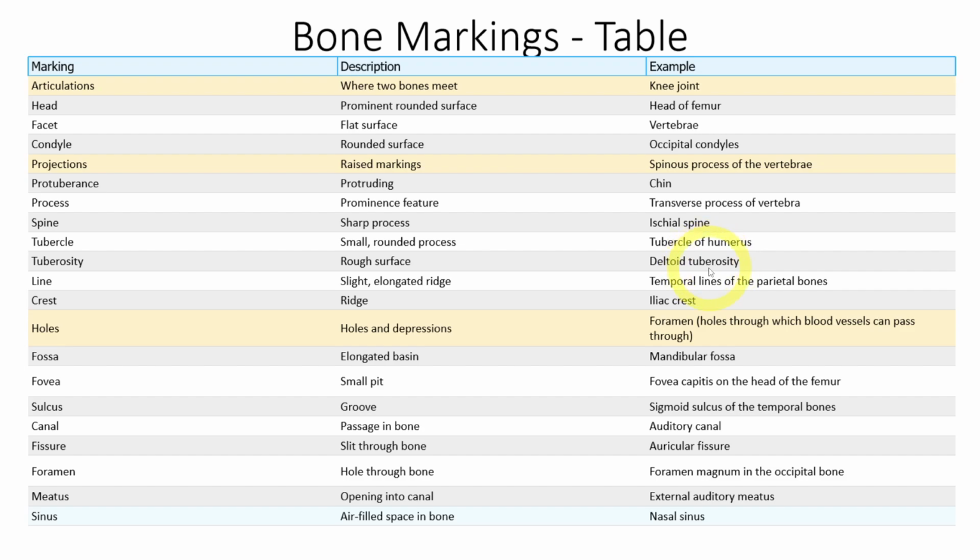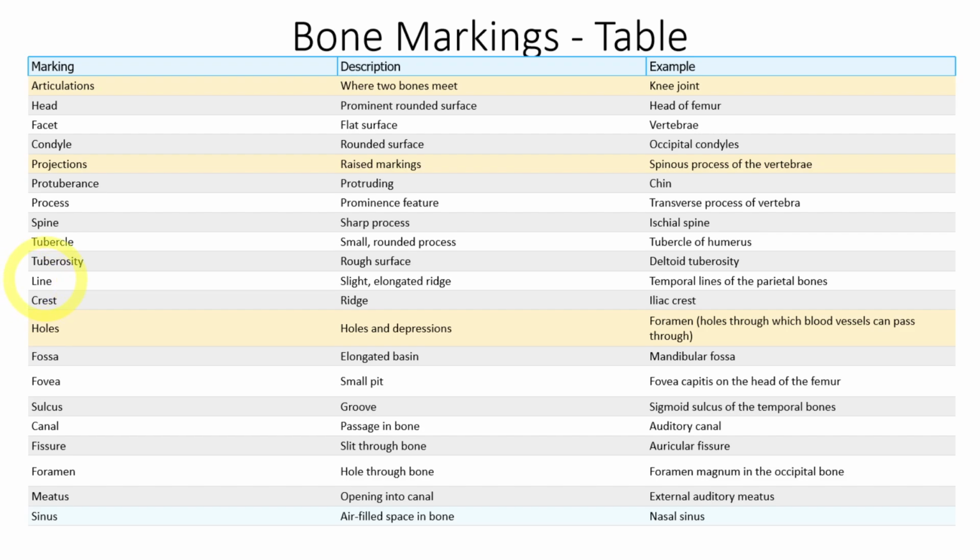I'm trying to think of where the deltoid tuberosity is, but it's in that region, and one of the three deltoid muscles should attach to it. Tuberosities are rough spots on bone where muscles attach.